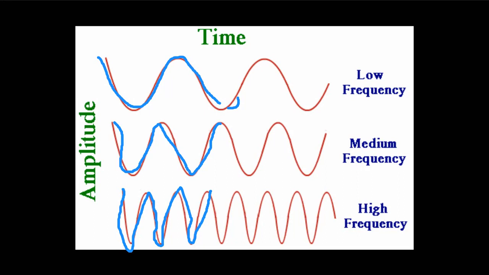So if we were looking at this in terms of an XY graph, and this was 1 second in time, what would our frequency be for the low frequency? Two? Mm-hmm. Yep. And what about the high frequency?